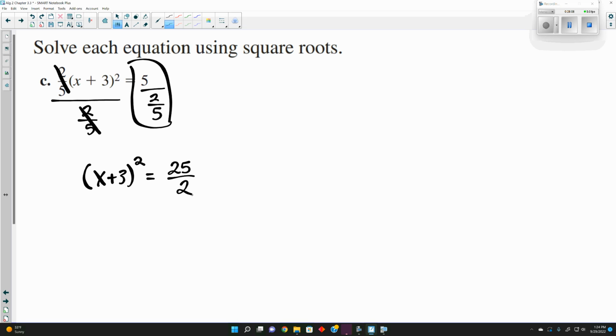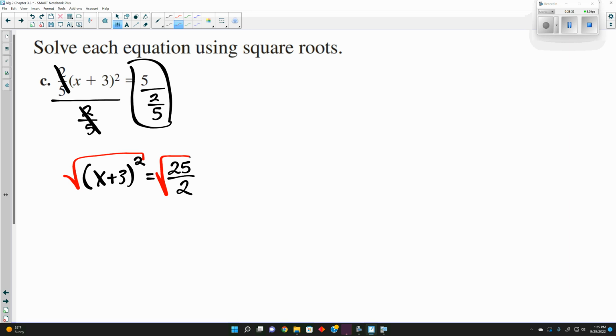Well, is the set of parentheses by themselves? Is there anything being multiplied by in front of the parentheses? Is there anything being added to the parentheses? Well, we have the plus 3 inside, yes? Is anything added outside? No. Because again, the plus 3 inside's fine.